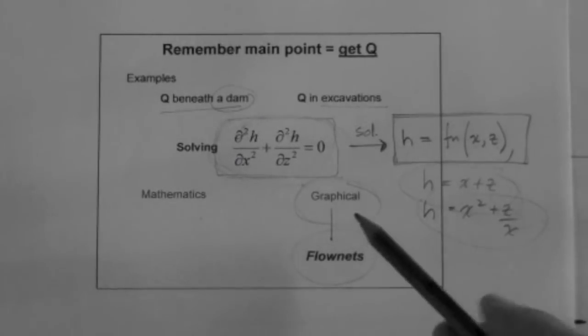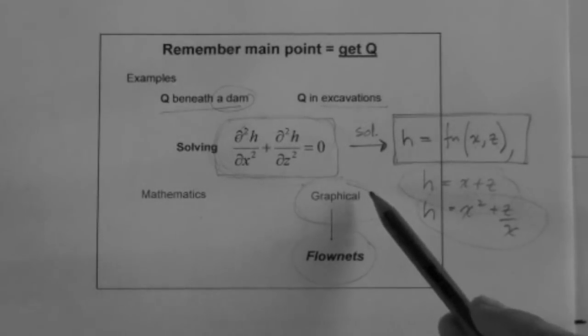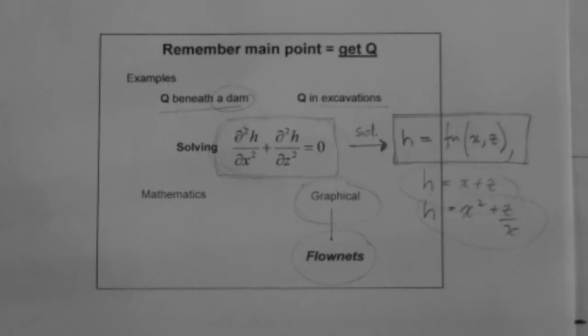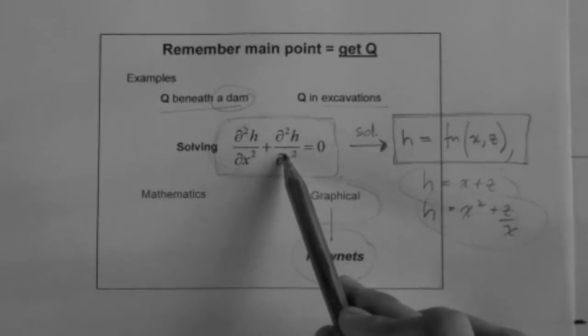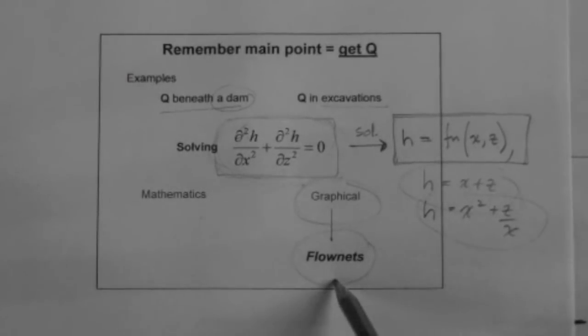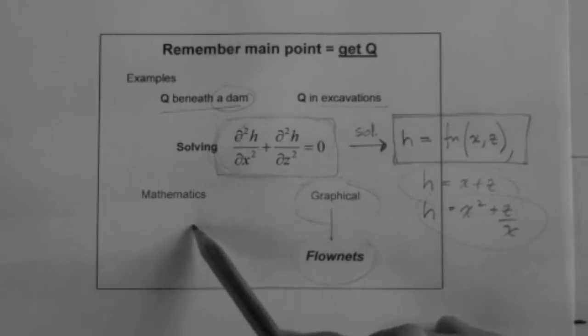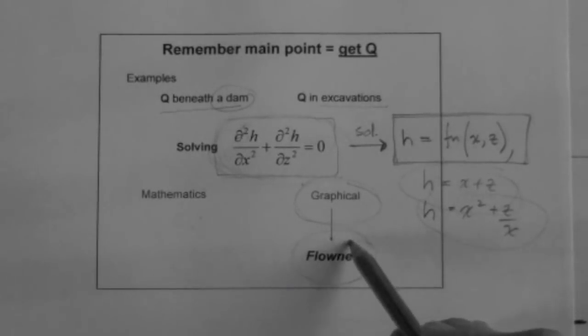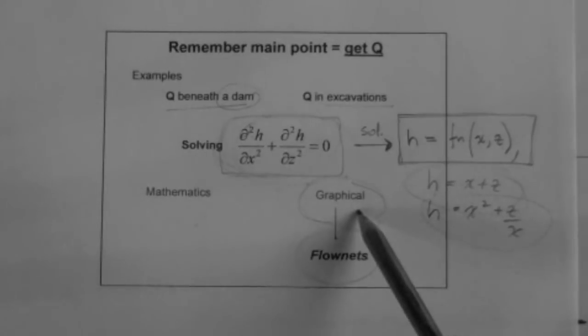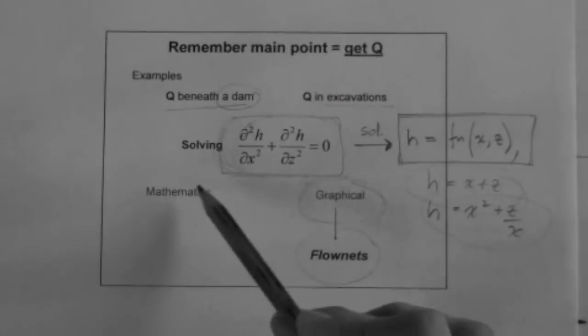But it's much easier and actually more efficient in terms of how we can visualize the problem to use the graphical procedure. Now I should say here, and as you have read in the book, that the graphical procedure, the flow nets procedure, is a solution of the Laplace's equation. It's not an estimation or an approximate way of getting what the mathematics would give you. It is actually solving the equation in a graphical format. Okay, so these two are the same.